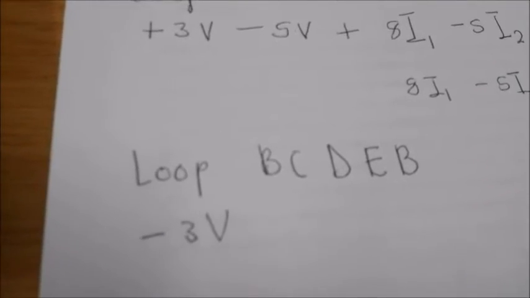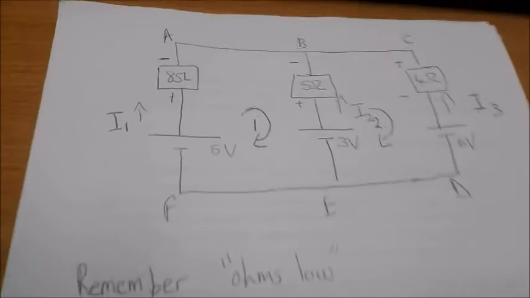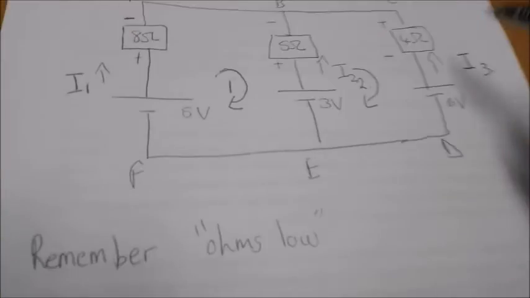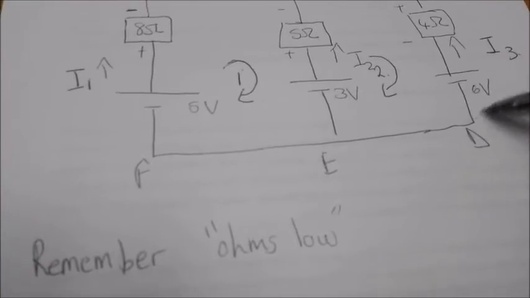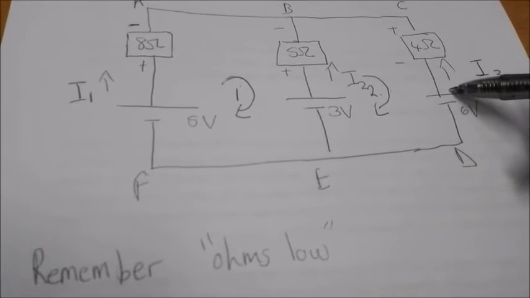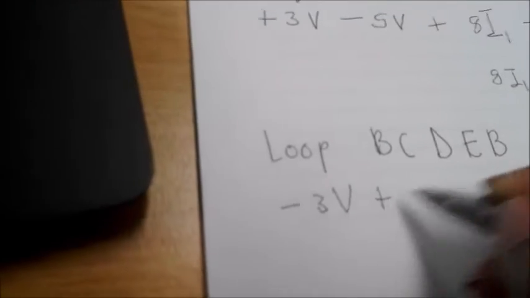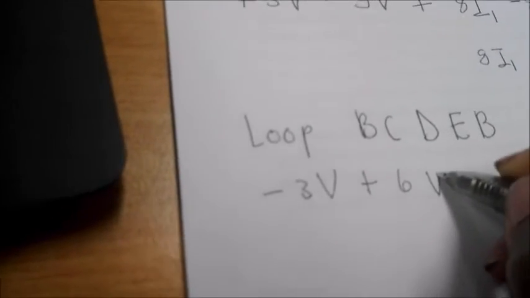So therefore, when you write it down, you say negative 3 volts. Thereafter, we say, what is the next power source that we have? The next power source that we have is the 6 volts, and it enters the 6 volts in the positive. So therefore, you would say plus 6 volts.